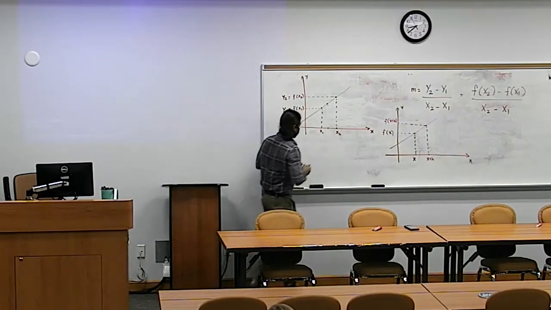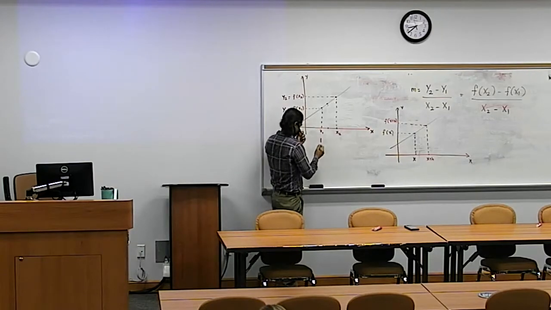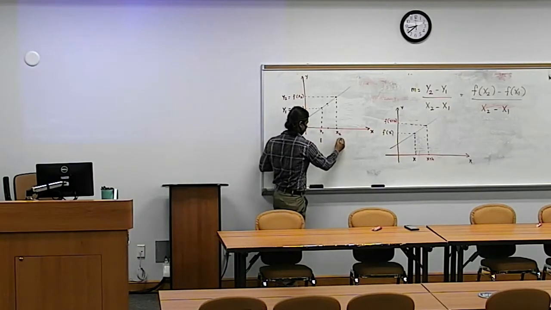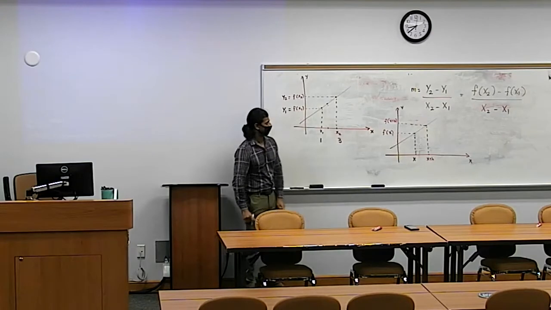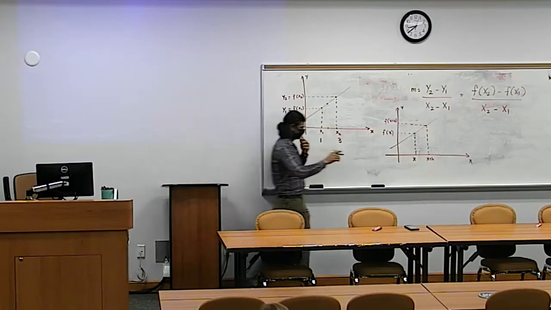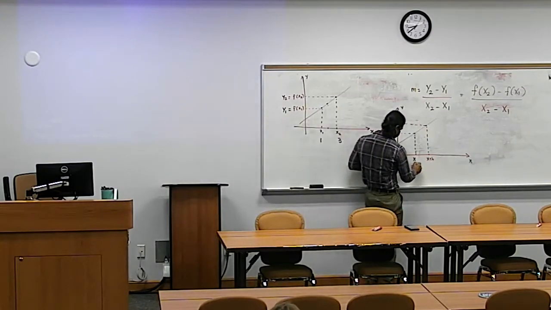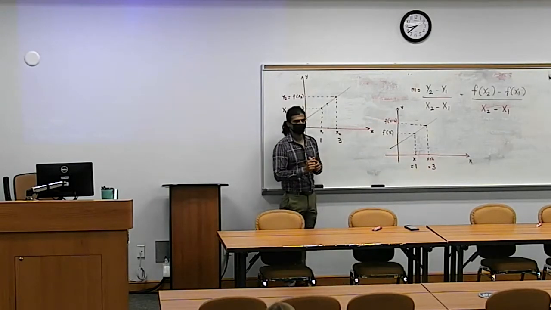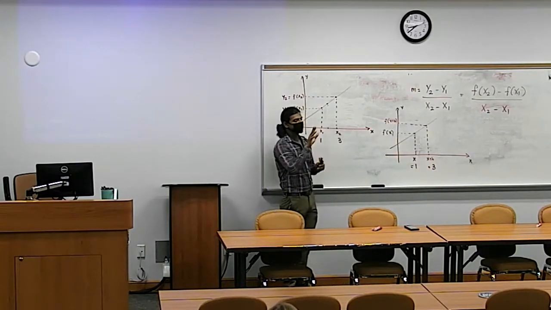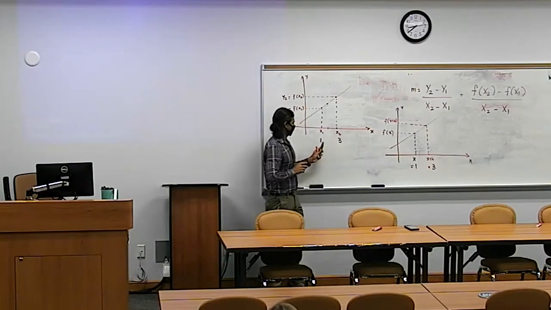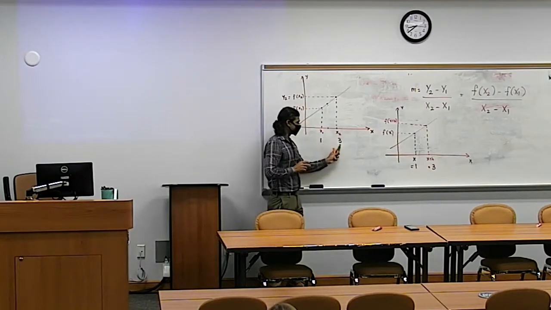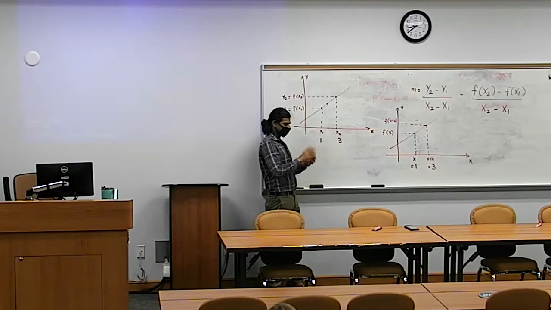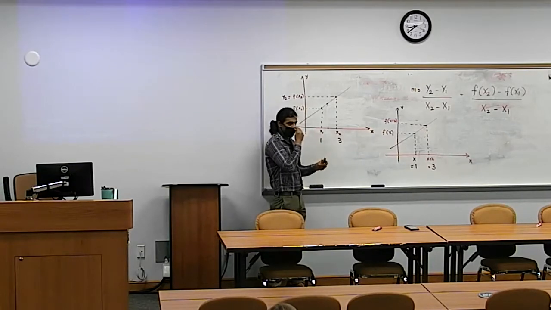So if this is 1 and that is 3, hypothetically speaking. Agreed? All we're trying to say is that 3 is a certain number of steps away from 1.